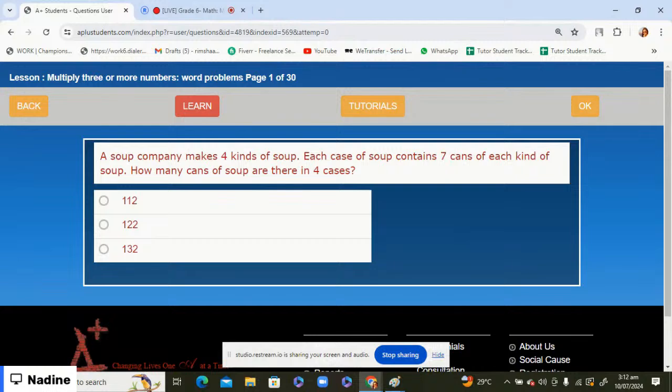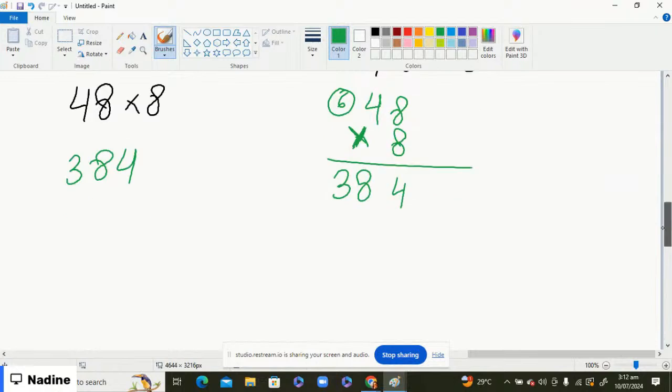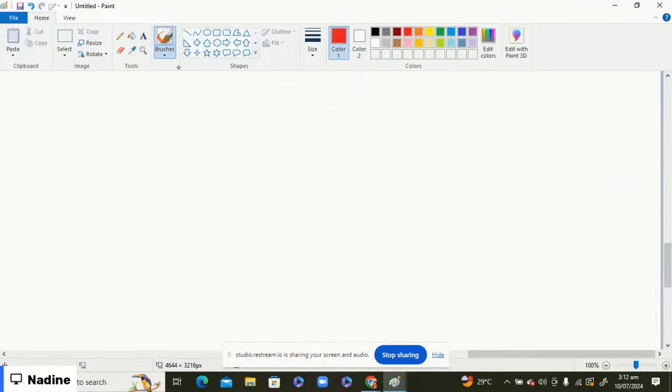So how many cans of soup are there in four cases? So this is basically 4 times 7 times 4. So let's check 4 times 7 times 4.